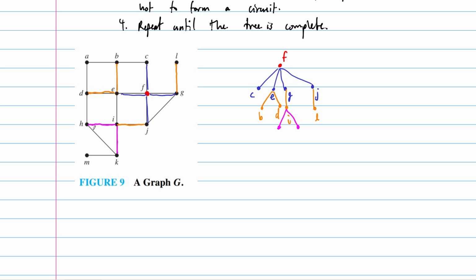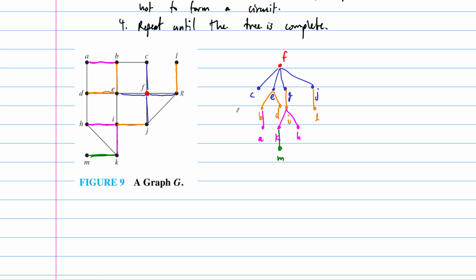Why did I start with I? I don't know, I just did. And where else can I go? I can go from B to A. C's already accounted for. D becomes a leaf. So B to A. And then there's one more thing that I need to account for. That's M. I can only get to M from K.